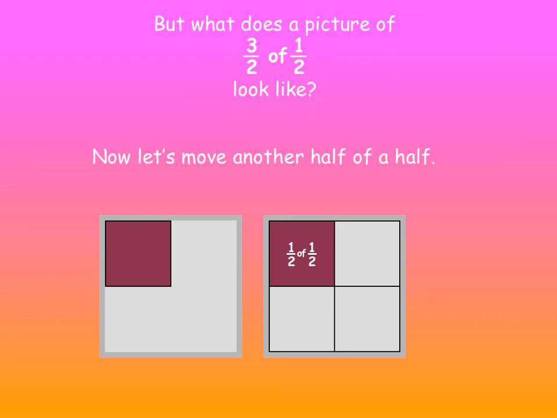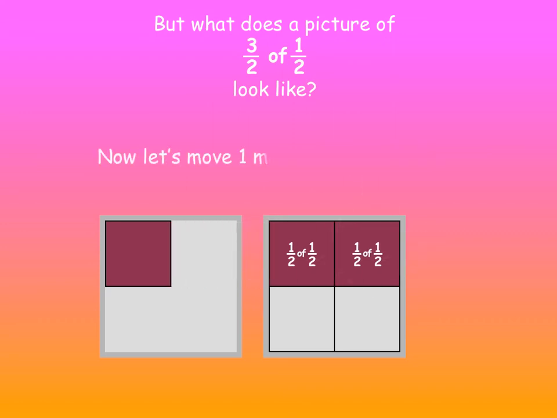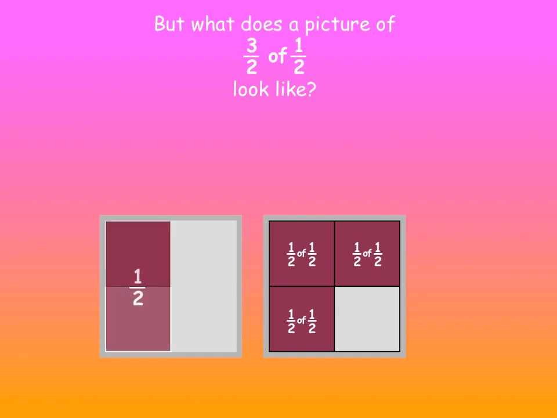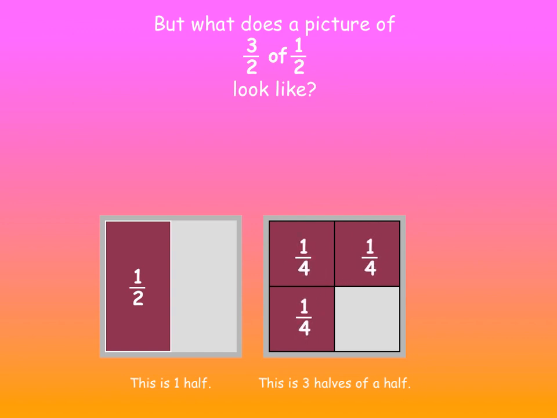Move another half of a half. And now let's again move one more half of a half. We've done it 3 times. Here on the left, this is 1/2. Over on the right, this is 3 halves of a half, which is 3/4. 3 halves of 1/2 is 3/4.